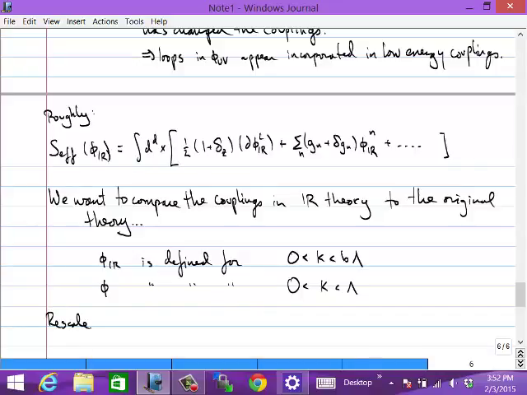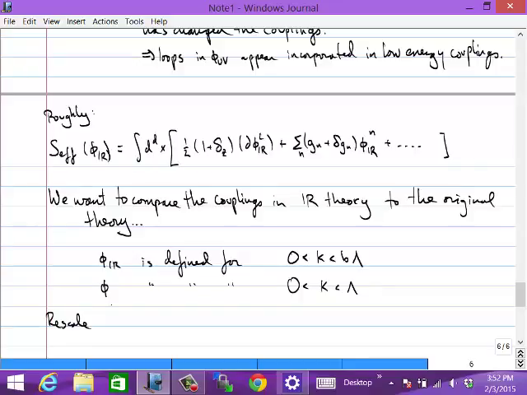So in particular, you need to rescale your momenta by a factor of b. And that means that you need to rescale your positions by a factor of b. So what we're doing here is we're going to integrate out all of our degrees of freedom down to some scale, and then we're going to rescale our spatial variables. We're just going to do a change of variables in order to turn the range of field variables that we're looking at back to our original range.